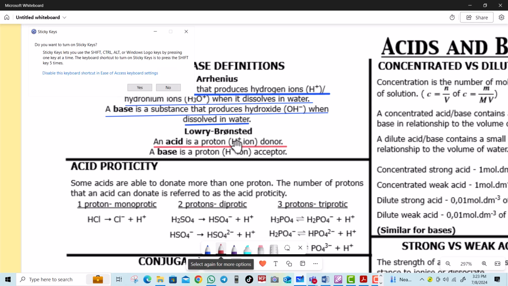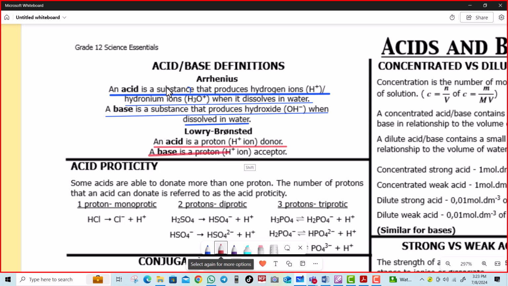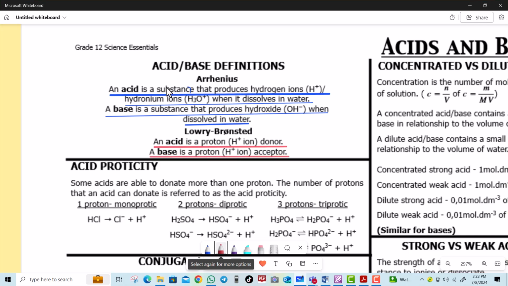I repeat, according to Bronsted and Lowry, an acid is a proton donor. Anything that can donate a proton is an acid. A base is a proton acceptor. If you can accept protons, then you are a base according to Bronsted and Lowry.